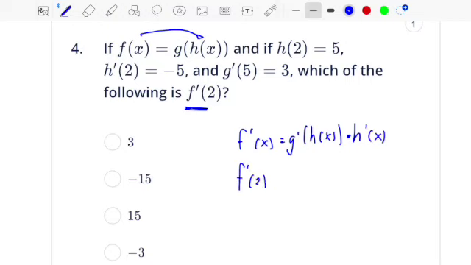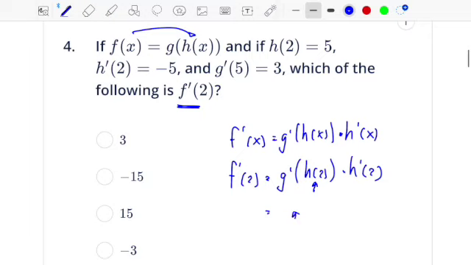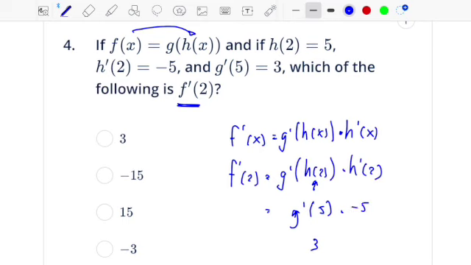F prime of 2 is going to be g prime of h of 2 multiplied by h prime of 2. That's going to give us h of 2 is 5. So g prime of 5, that's 3, multiplied by h prime of 2, which is negative 5. So 3 times negative 5, there's our negative 15.